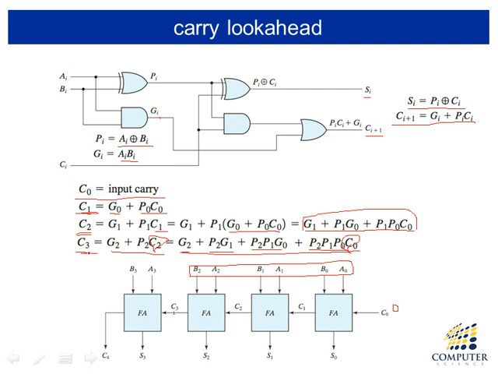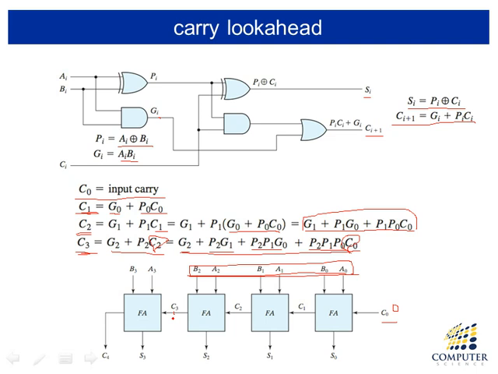So C3 is computed directly out of all previous inputs, and then C0. So for C3, you don't need to wait until all the previous full adders are done. So this is called the carry look-ahead circuit, which means carries are calculated in advance without waiting for the previous positions' full adders to be done.